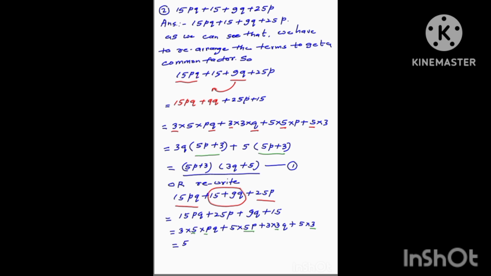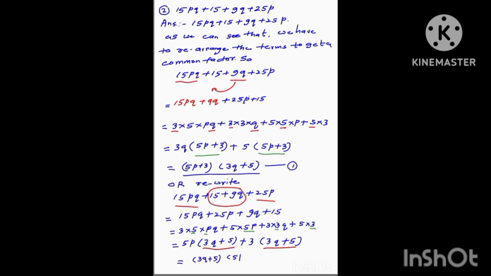So I am taking 5p into bracket 3q plus 5, plus, and here also I am taking 3 common, and 3q plus 5. Again you see 3q plus 5 is common. So take it common, 3q plus 5. What remains is 5p plus 3.